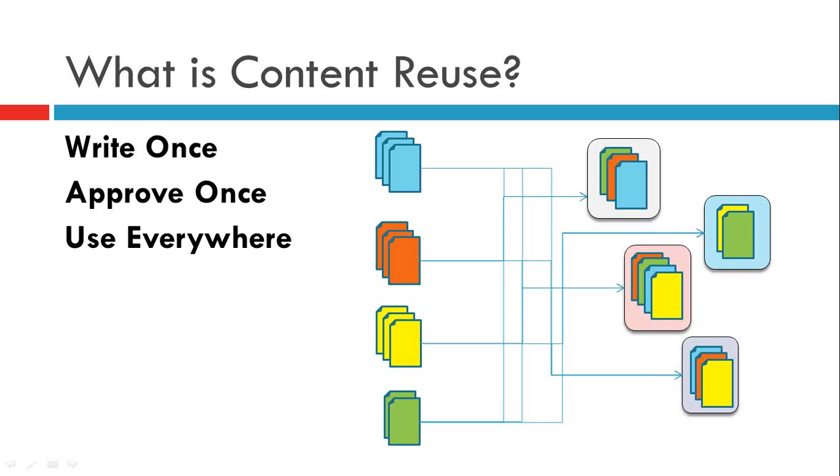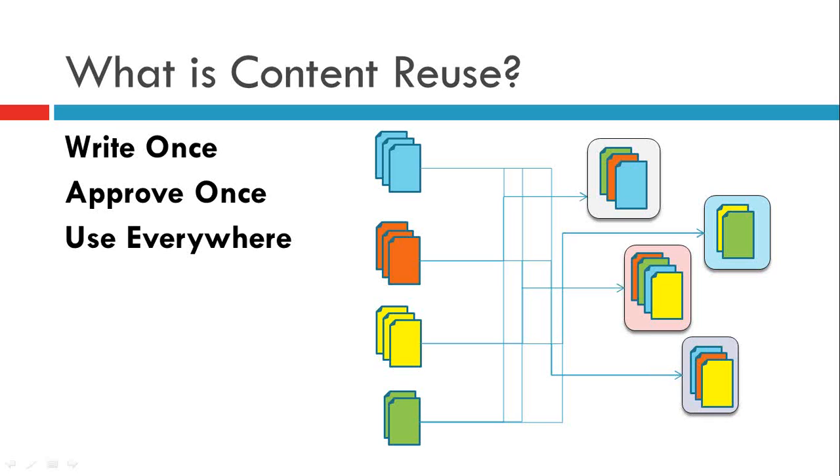And these content modules can be managed from one centralized database so that any updates or modifications which is made to a given module are reflected automatically in every location where that module appears. So eventually it is write your content once, then you get your content reviewed, and then you can use that content in multiple output formats or various project deliverables.